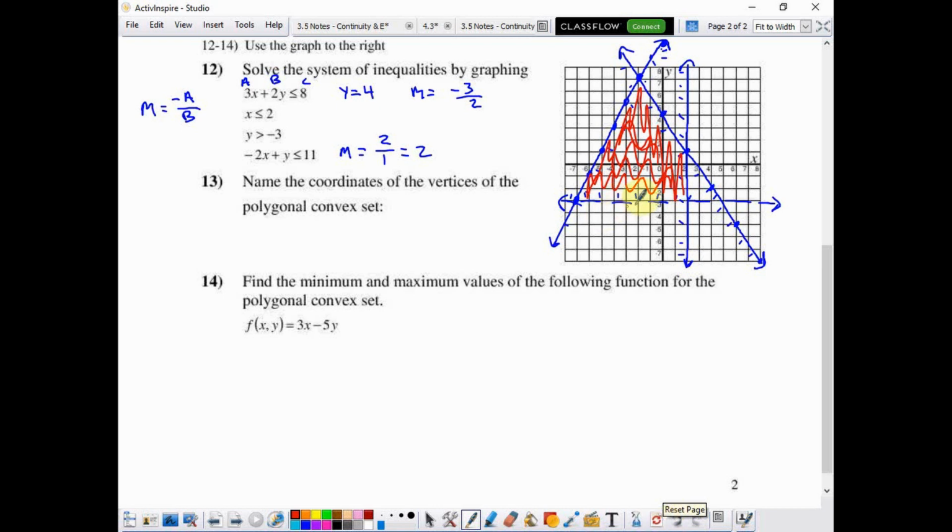That is a convex polygon called the polygonal convex set. I need to name its vertices. So there's a vertex right there at -7, -3. There's a vertex here at 2, -3. There's one here at 2, 1.